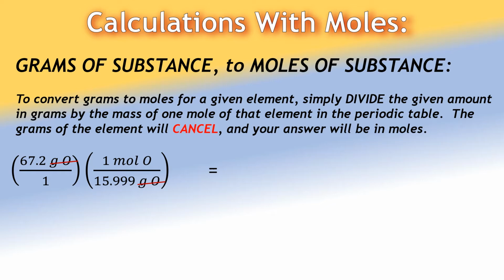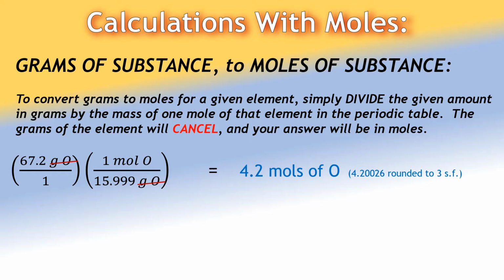And the number on the bottom, 1 times 15.999, is still 15.999. So we're simply going to take the non-unity number on the top, 67.2, and divide it by the non-unity number, 15.999, on the bottom. When we do that, we get this number. It's actually a long decimal, 4.20026. We round it to 3 significant figures, and we have 4.2 moles of oxygen.